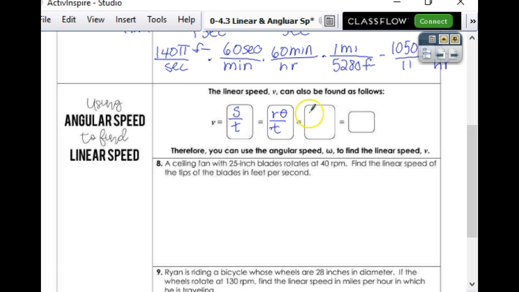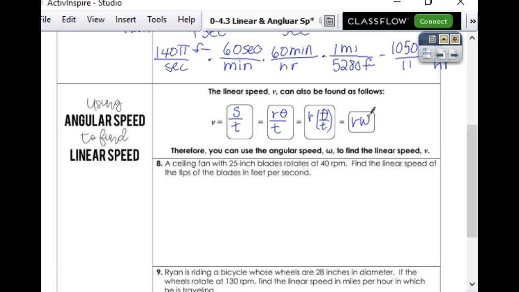Right. So right here, I get R times W, and that equals V. So using that formula, if I find the W, the angular speed, I can just multiply by the radius, and that's the same thing to find V.